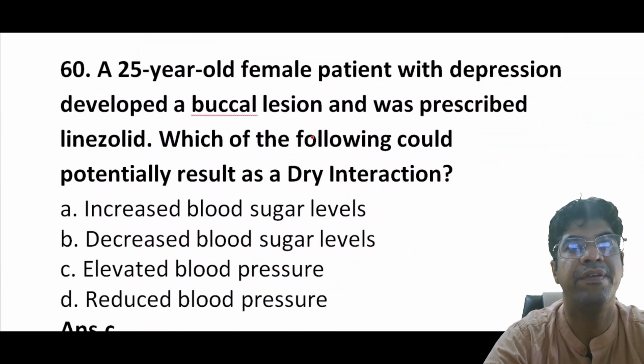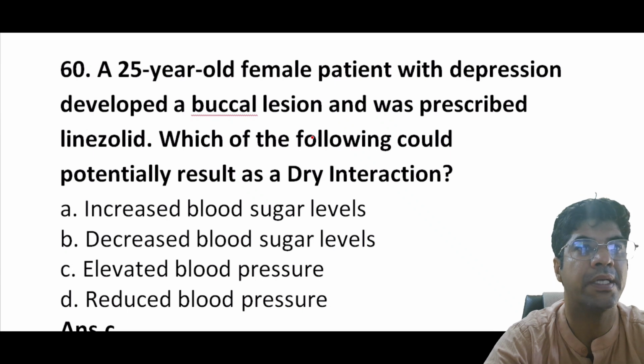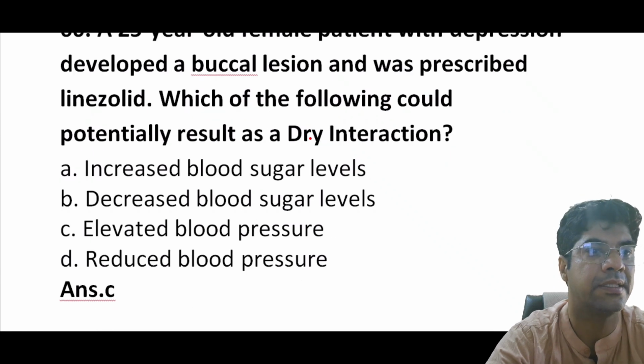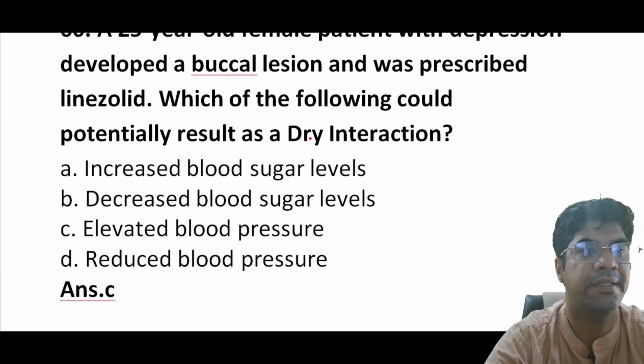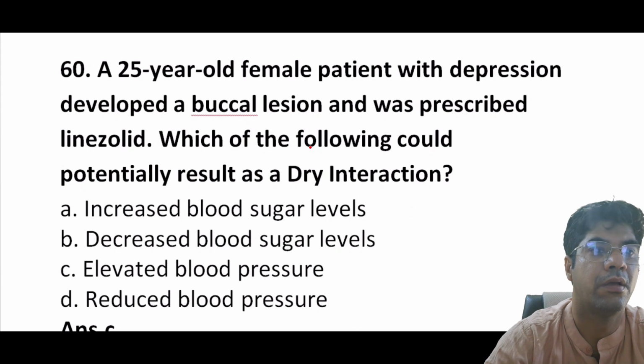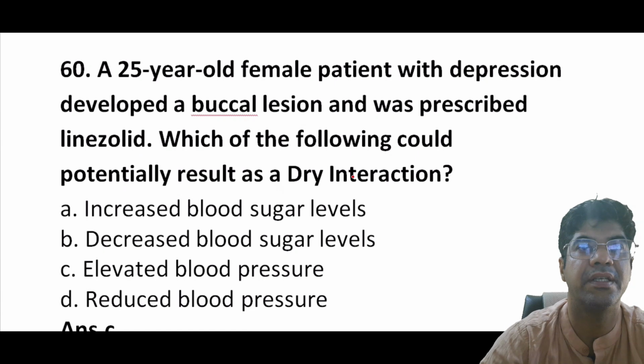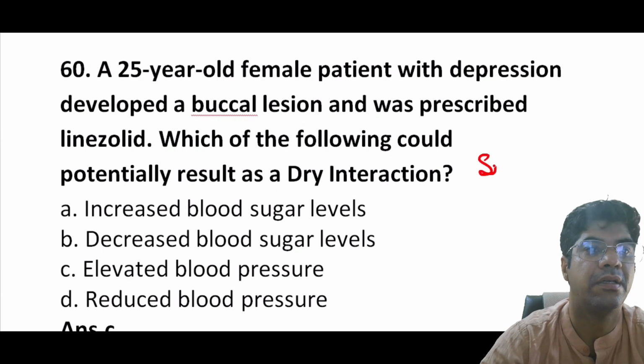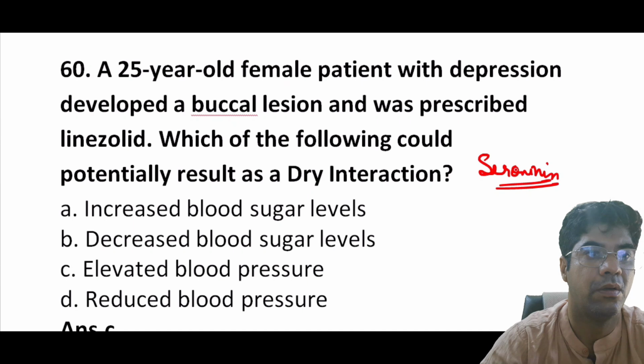A 25-year-old female with depression developed a buccal lesion and was prescribed linezolid. Which of the following could potentially result as a drug interaction? So when linezolid is combined with MAO inhibitors, it can lead to a condition that is known as serotonin syndrome, that is characterized by confusion, hallucination, rapid heart rate, high blood pressure, fever.